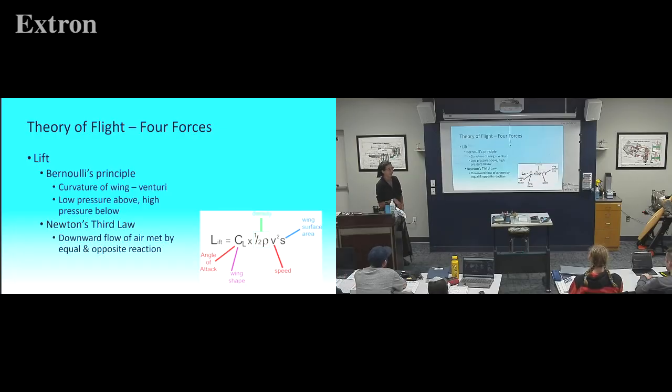But I just want you to have an appreciation that there is a formula for lift, and it has to do with a coefficient of lift, which includes angle of attack and wing shape, times 1/2 rho, which has to do with density, times velocity, how fast you're going, squared, times wing surface area. Super smart people put that all together.